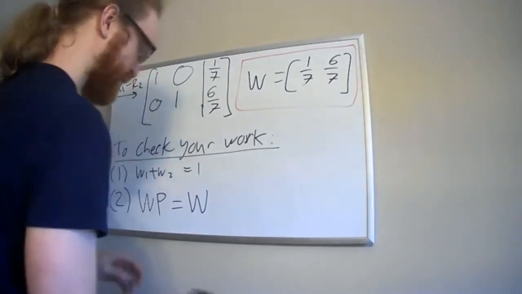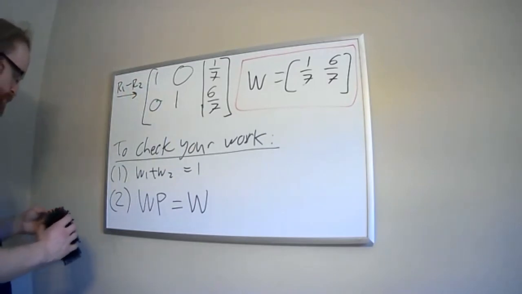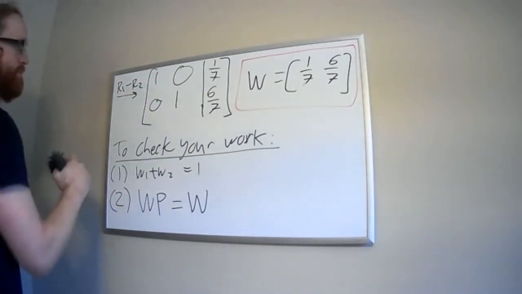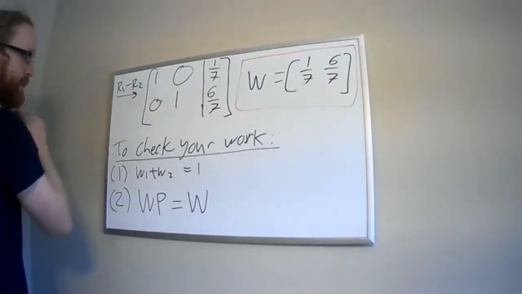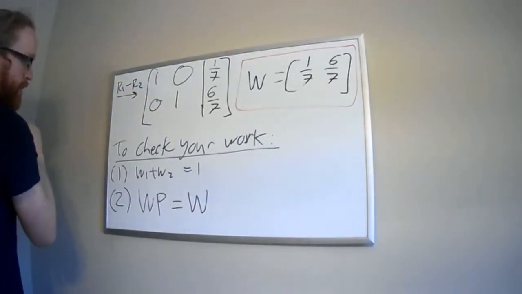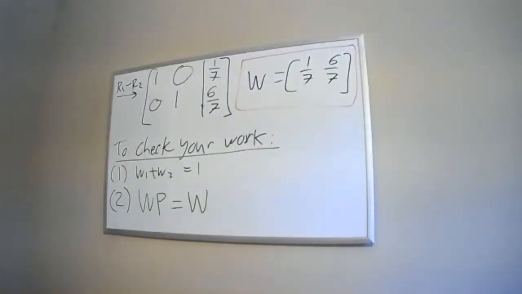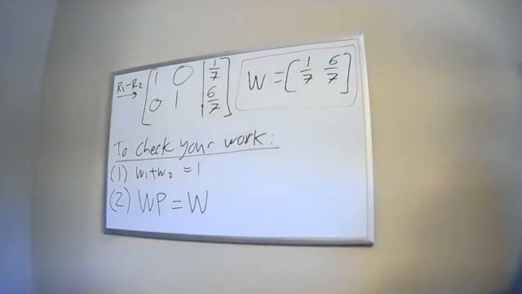So it's good to be in the habit of checking your own work, being able to grade yourself so that you can fix any mistakes that you might find. But okay, I'll pause and ask if there are any questions about this example or just about any of the stable vector stuff in general.